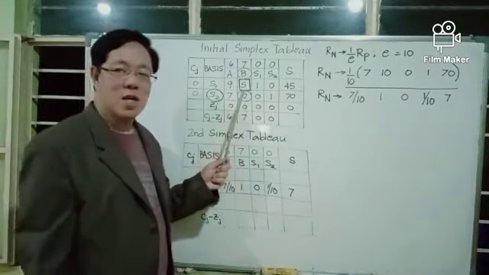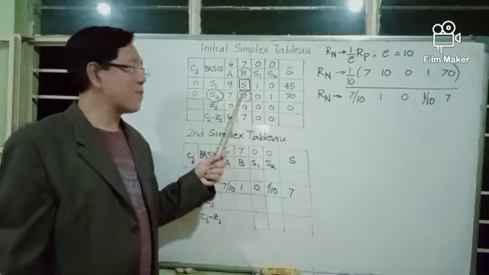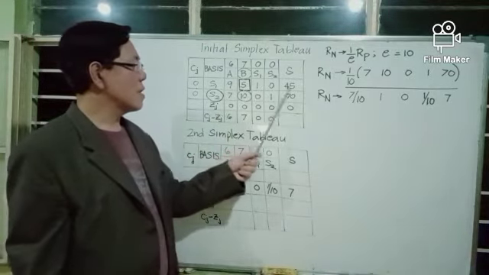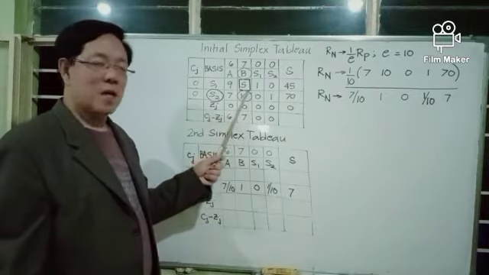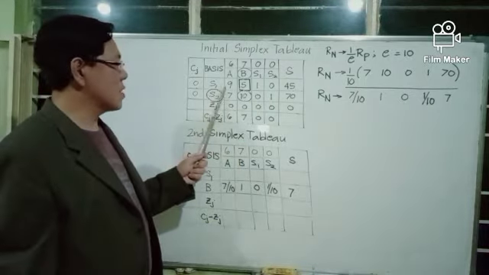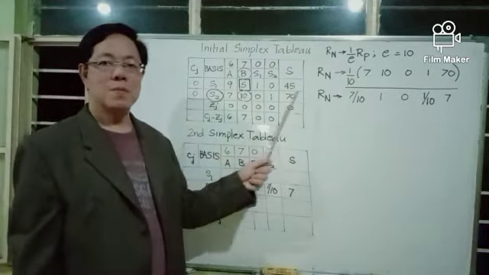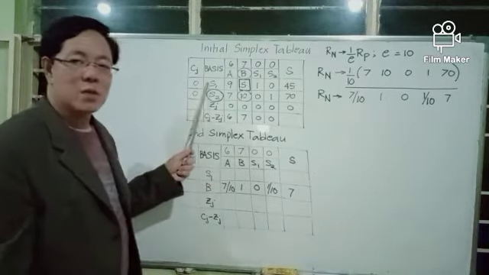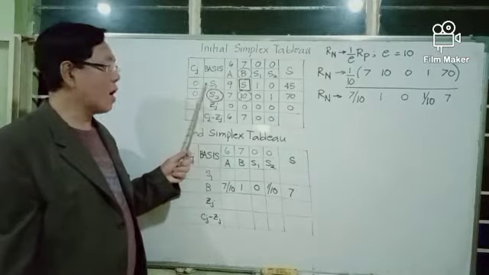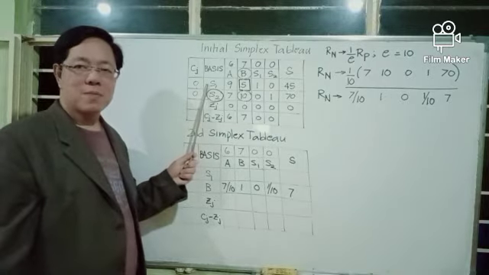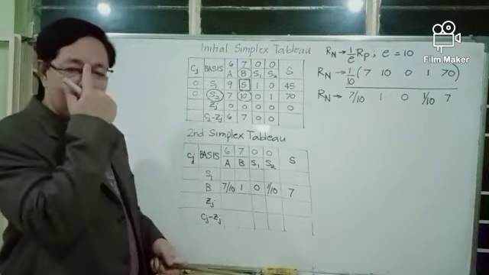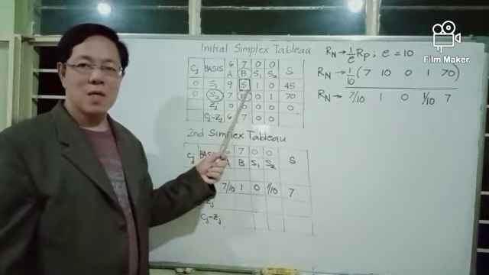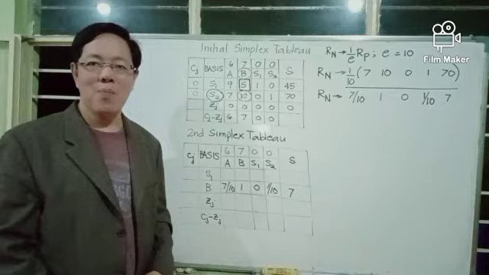If we convert 5 to 0, we have to change every entry in the row containing 5, the S1 row. We denote this by R1, or row 1. The operation to change this 5 to 0 is this elementary row operation.